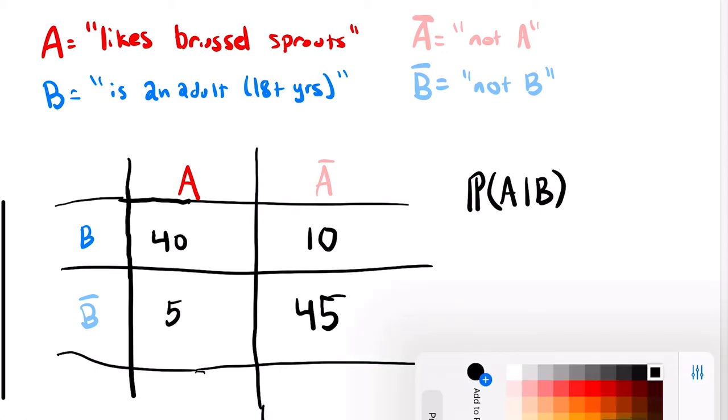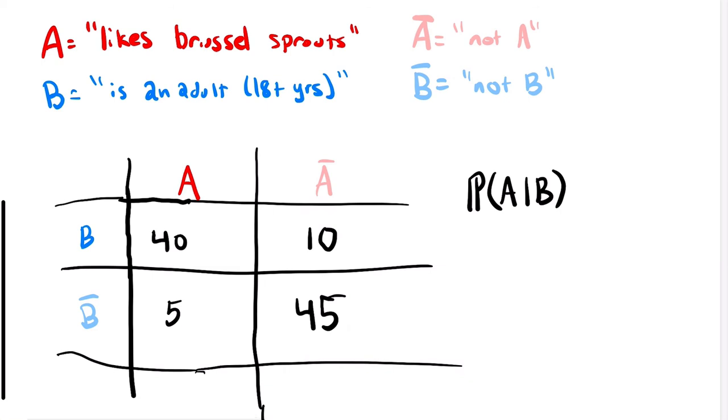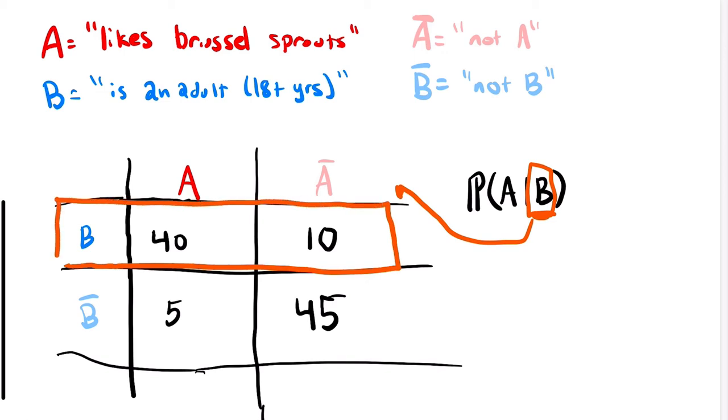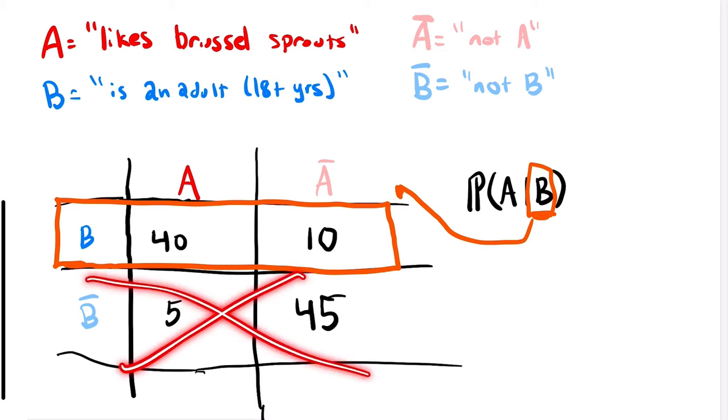The way to view this, I'll use orange here, is since we have this given B, what this really means is that we only look in this row of the matrix that we made. We completely ignore all the others because they're not adults.